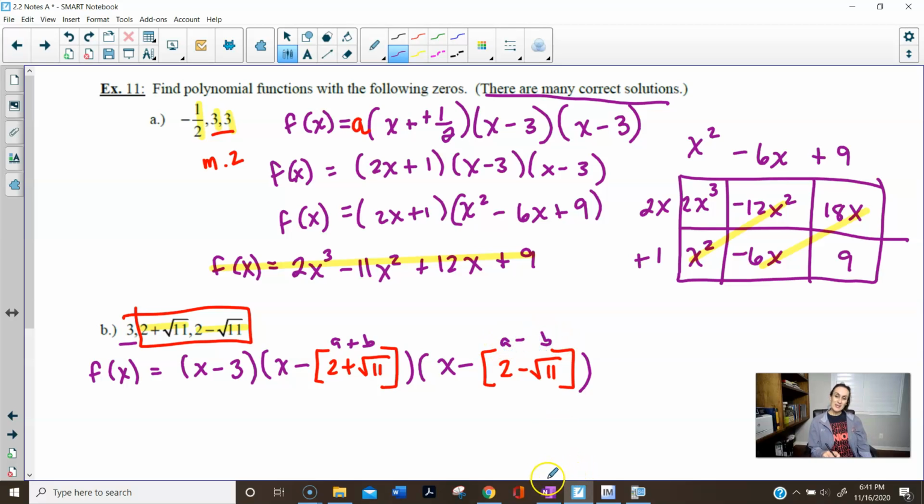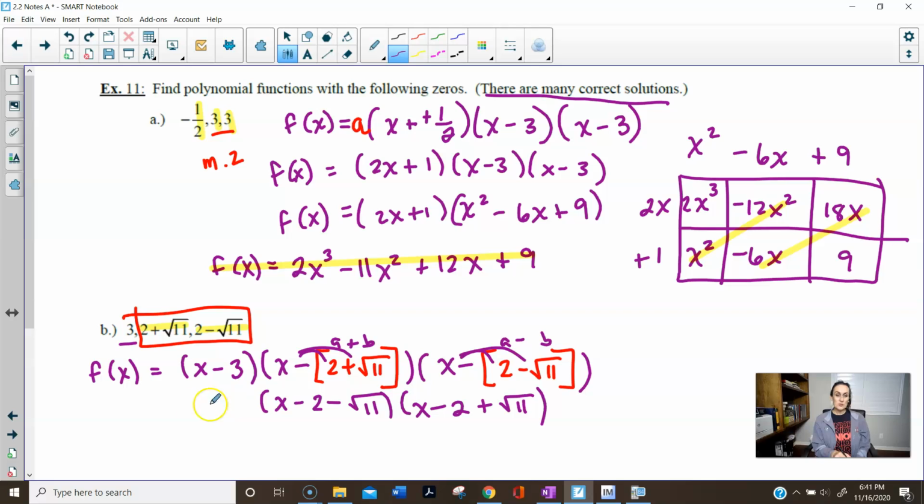Okay, so what we're going to do now is some reorganizing. We're going to take the negative and distribute it through, and the negative and distribute it through. So when I distribute, I get x subtract 2 subtract the square root of 11, and x subtract 2, and a negative times a negative is plus the square root of 11.